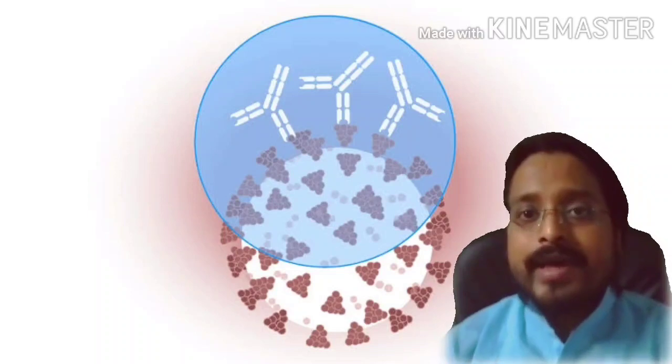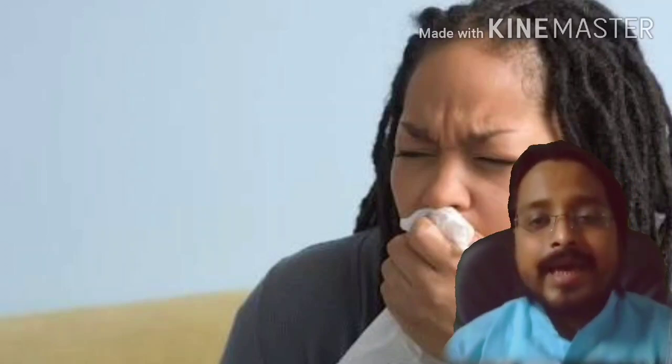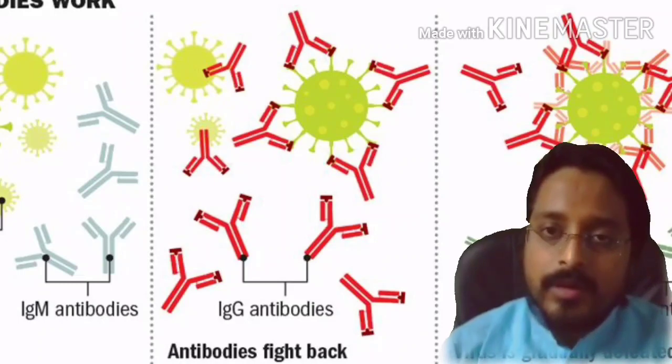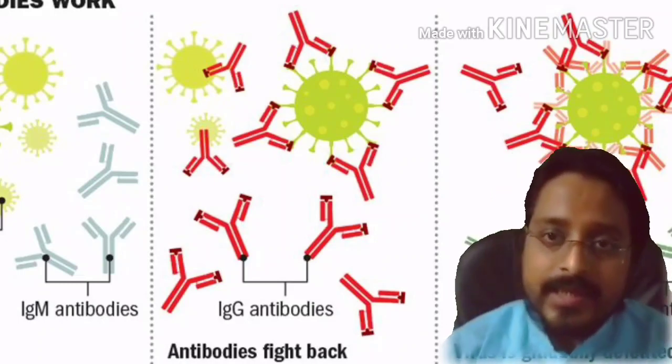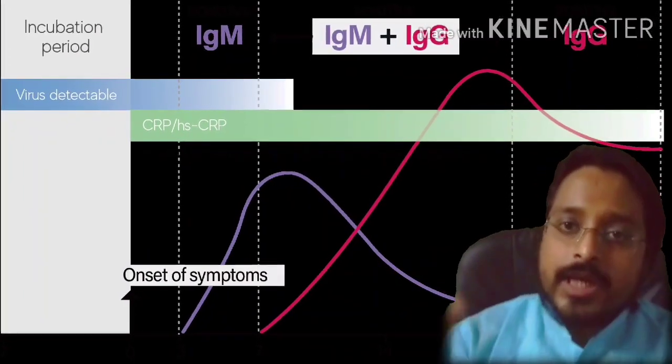So when someone has active COVID-19, towards the middle and end of that, they will start seeing IgM rise gradually. Then comes IgG or immunoglobulin G. A spike in IgG can be seen especially when the IgM starts coming down.